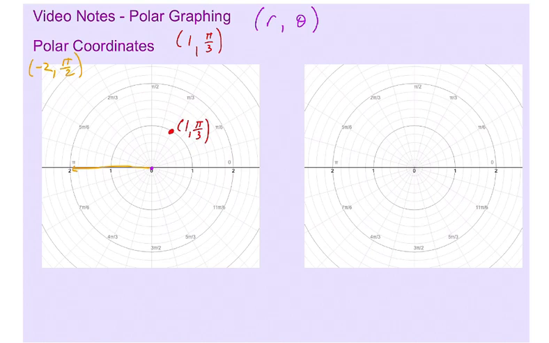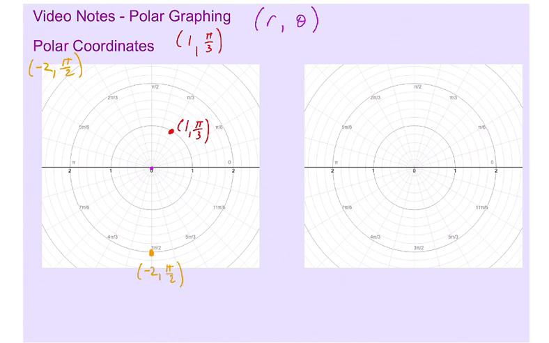Now, it's important to remember that when you rotate pi over 2, that's always in a counterclockwise direction. Just like in your trig and pre-calc classes, you learned that angles are discussed in a counterclockwise way. So pi over 2 from there would be that far, which would land you right here. So that point is negative 2 comma pi over 2.